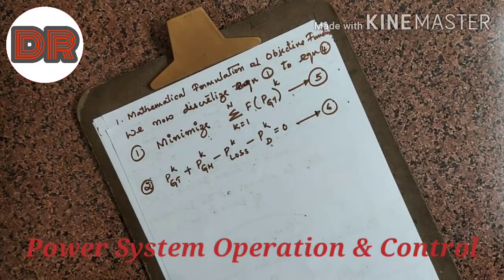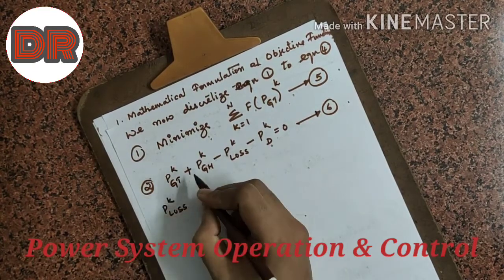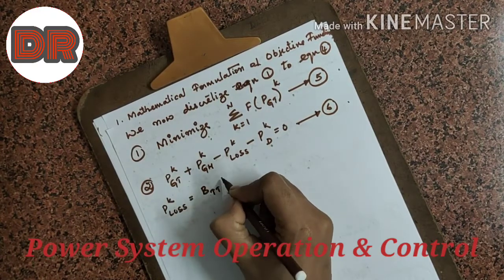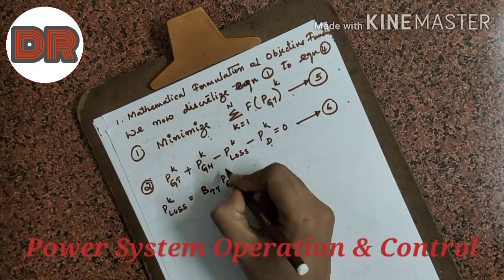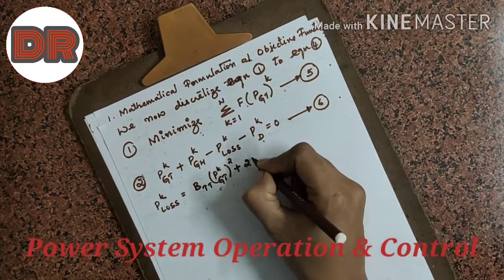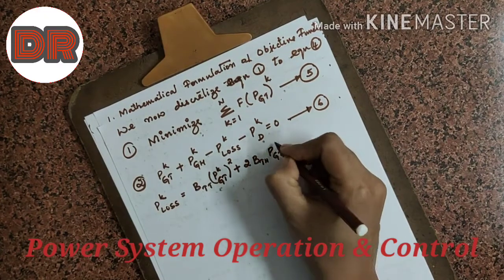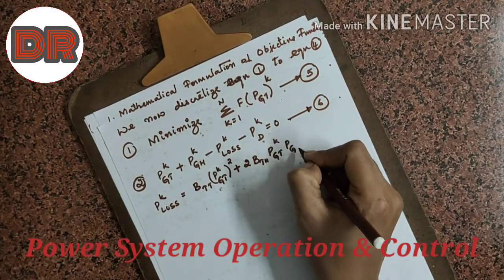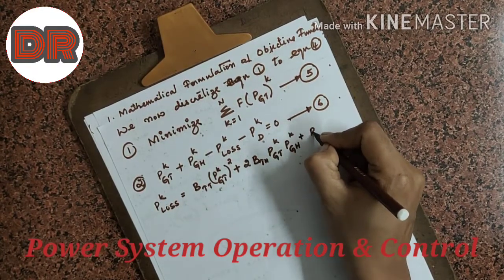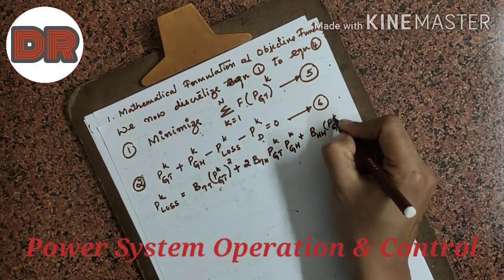The power balance equation, where P loss is given by the P loss equation, but in a discretized format it is BTT PGTK square plus 2 BTH PGTK PGHK plus BHH PGHK square.